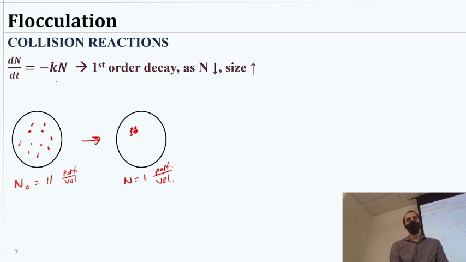So when we solve for some system and we start with dn dt, let's say in a batch reactor, we know that our n over n naught is equal to e to the minus kt.